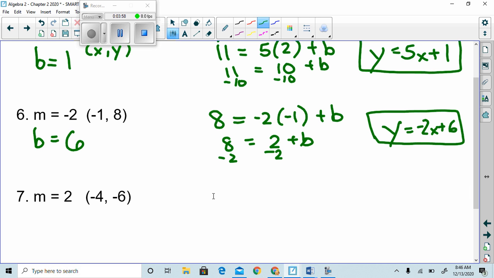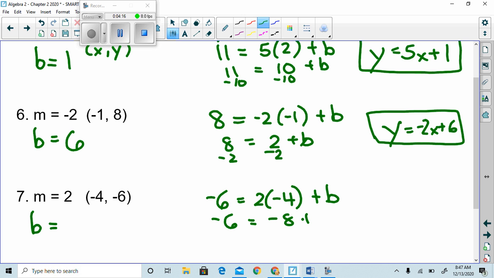The last one of this type, y is equal to 2 times the -4, which is x, plus b. We are solving for b, so we can write the equation. We'll multiply, and we'll get a -8.